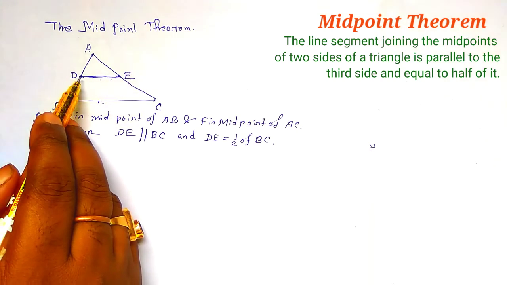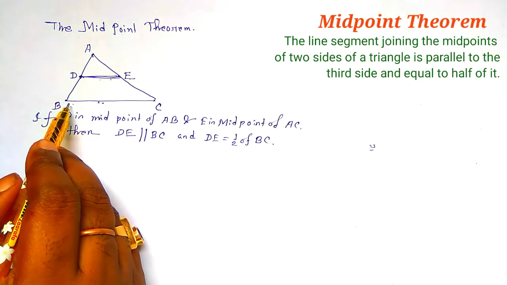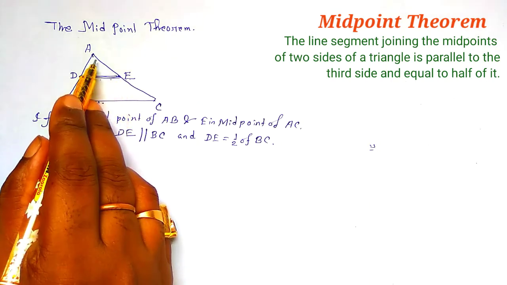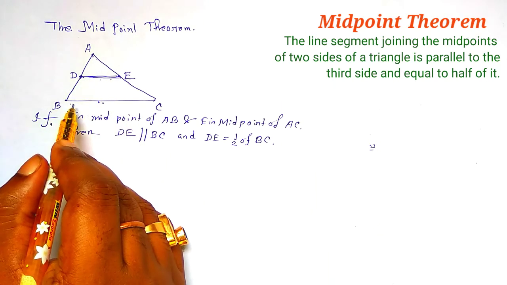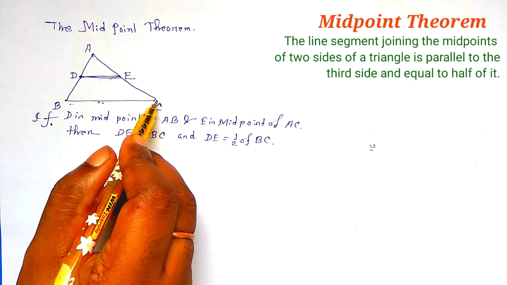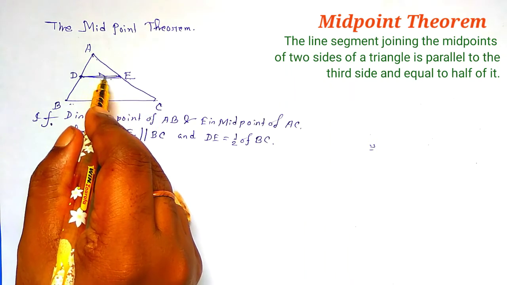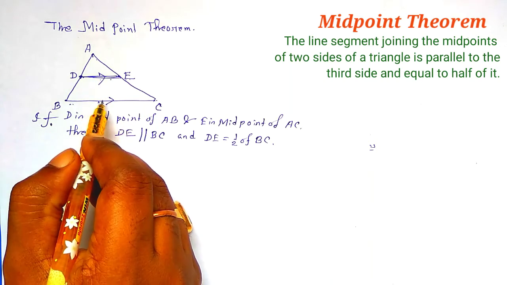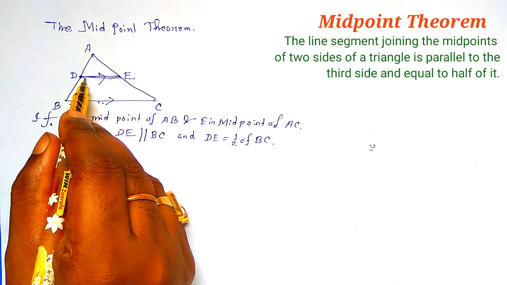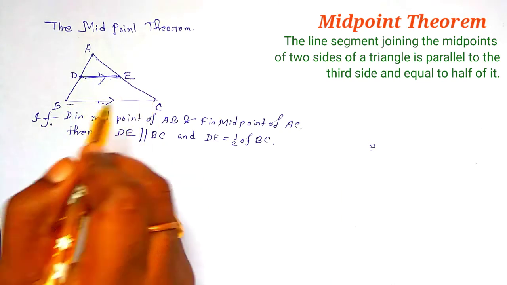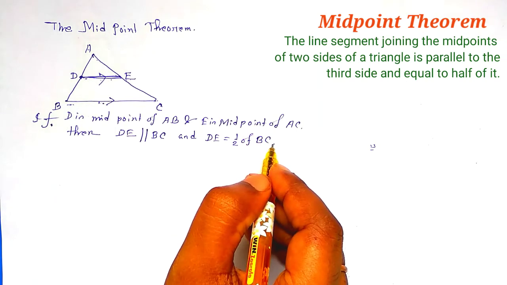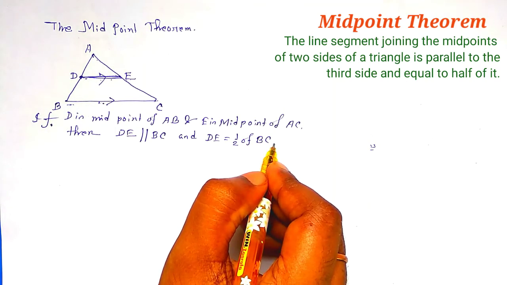So what we learn here? If D is the midpoint of AB and E is the midpoint of AC, then the line DE is parallel to BC, and the length of DE is half of BC. This one is the first theorem.